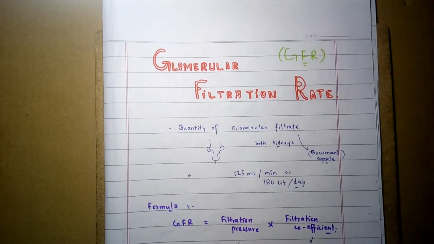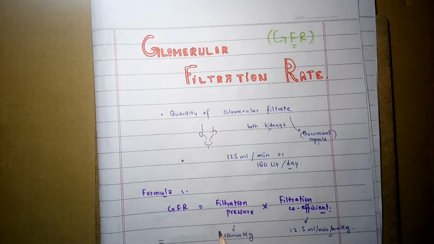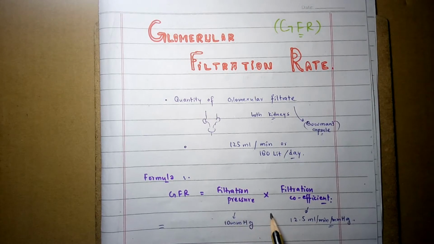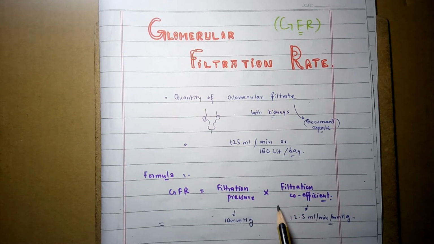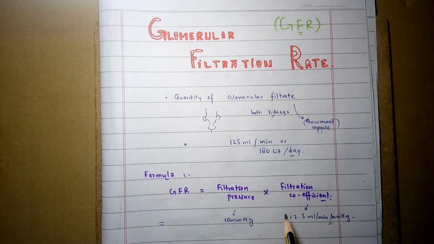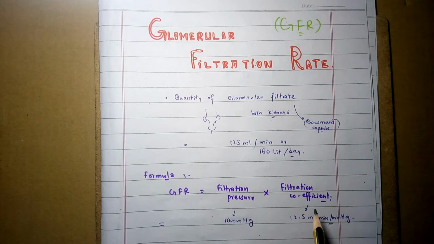The formula of the GFR is: GFR is equal to net filtration pressure multiplied by the filtration coefficient. The net filtration pressure is the pressure that forces fluid through the glomerular membrane into the Bowman capsule, and the filtration coefficient is the GFR in both kidneys per mm of mercury of filtration pressure.